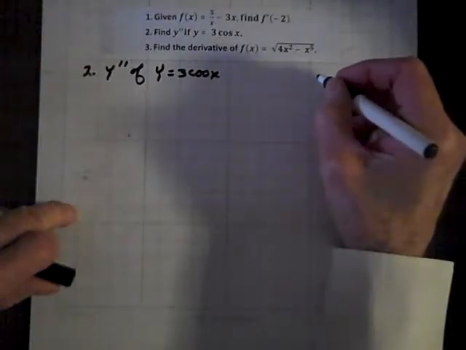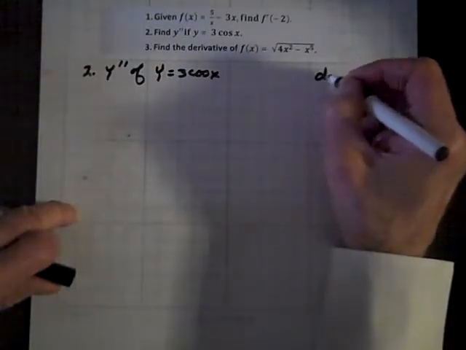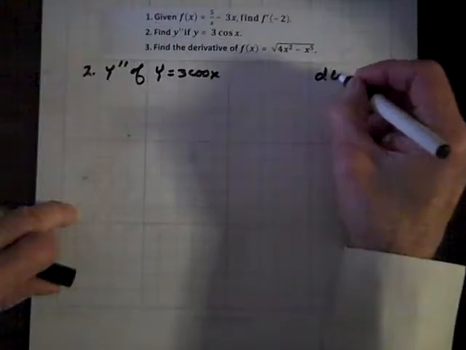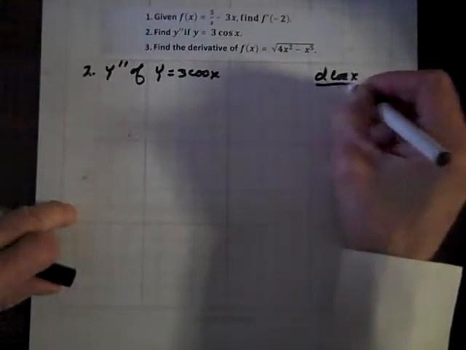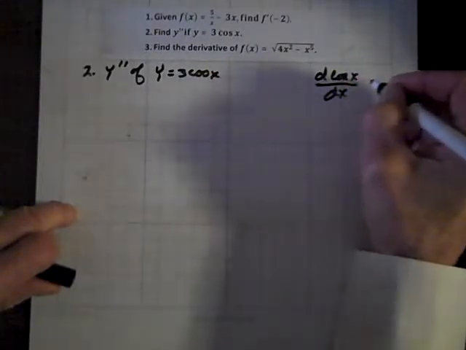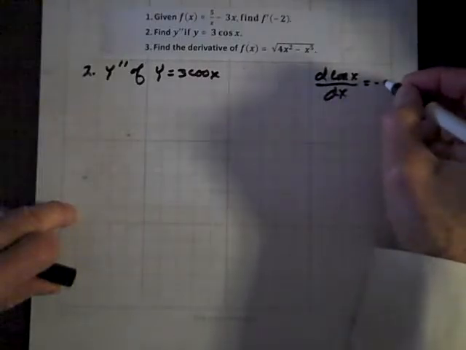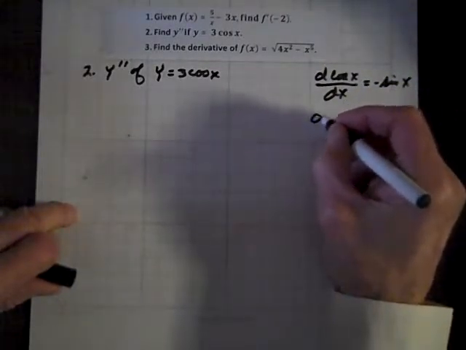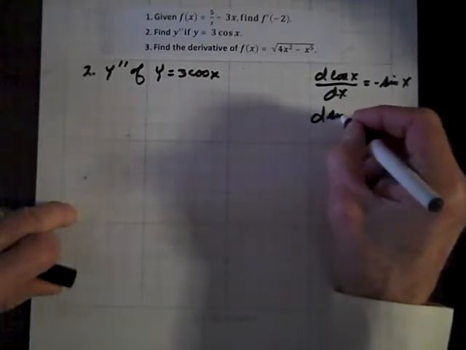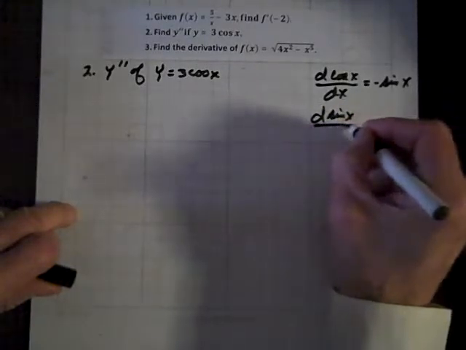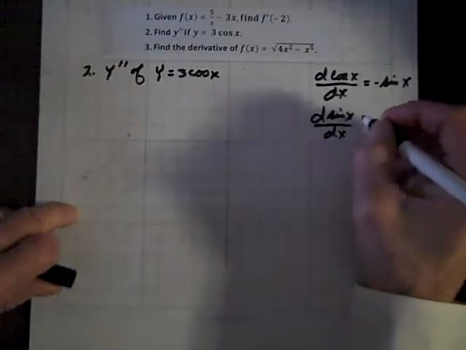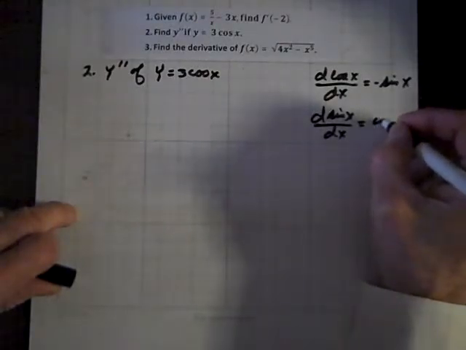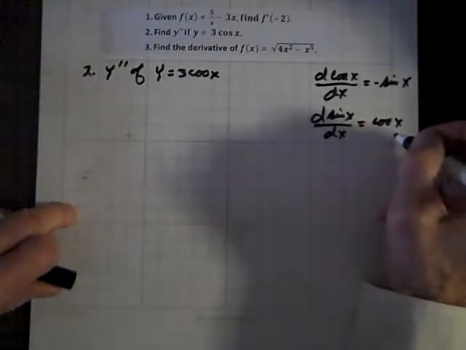And that is the derivative of cosine of x with respect to x equals minus sine x. And the derivative of sine of x with respect to x equals cosine of x.